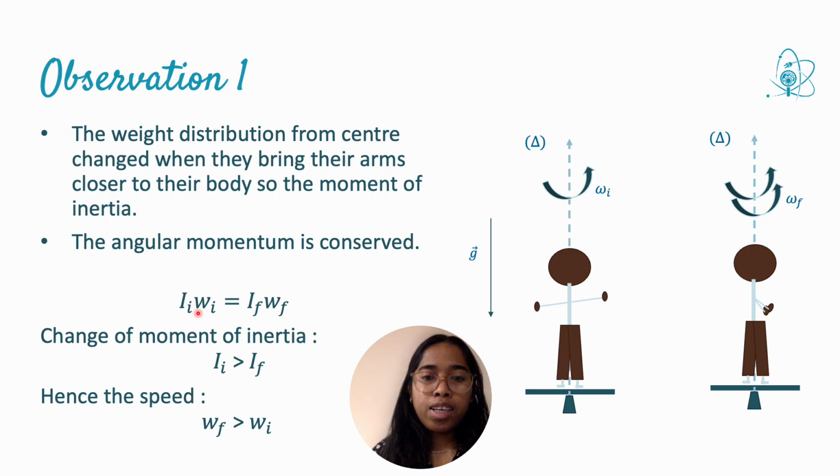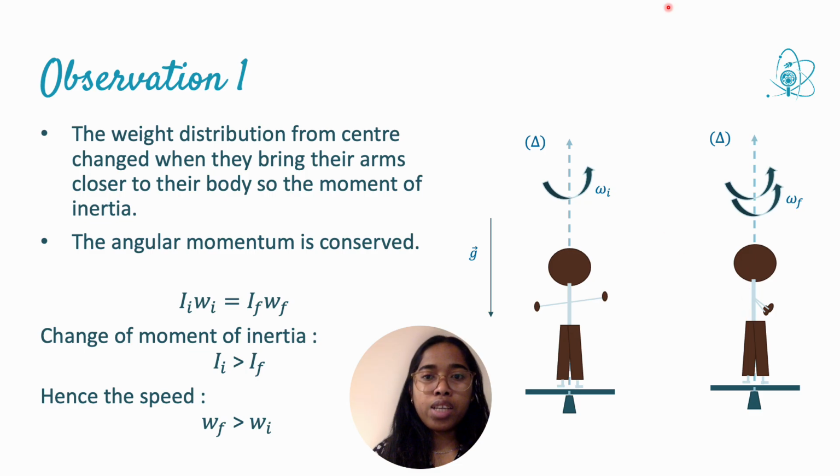Here I is the moment of inertia, and the initial state is where we have the arms spread out. So the moment of inertia multiplied by the angular velocity is equal to the product in the situation where the moment of inertia and the velocity are in this state when they bring their hands, the arms, together.